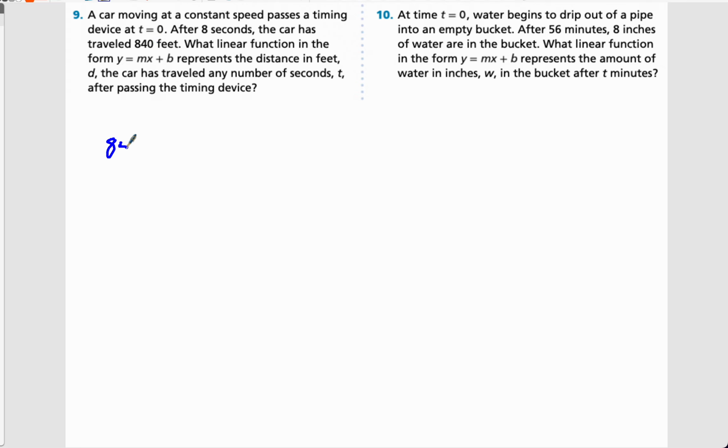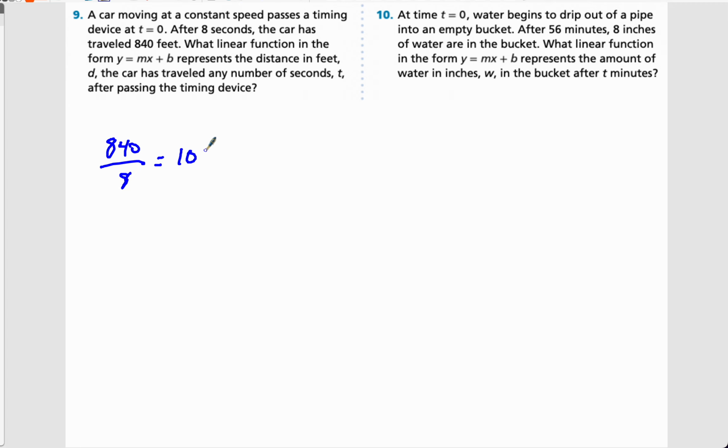So it would be 840 divided by 8, which comes out to 15. And so the car is traveling 15 feet per second. That's not 15. Sorry. I knew something was wrong. That doesn't sound right.